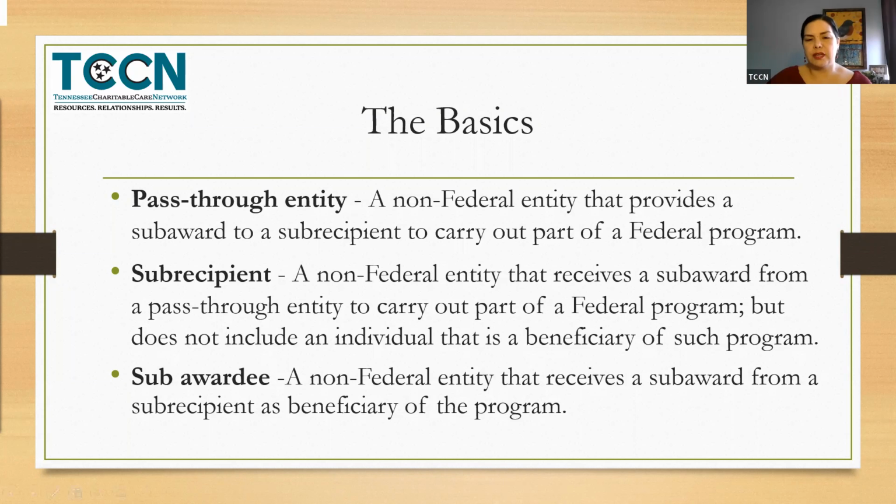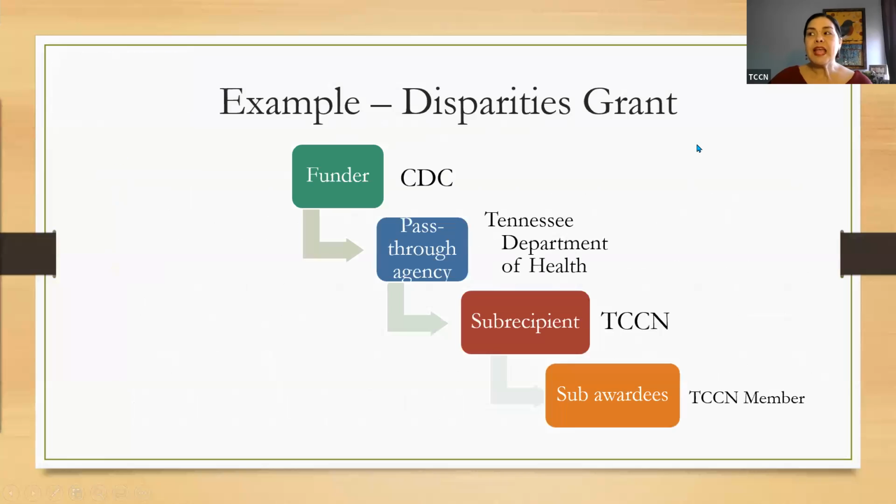So let me show you a quick example. I use the disparities grant as an example. This is the disparities grant that we hopefully will get the contract soon, and that many of you provided a letter of interest already. In this case, the funder is really the CDC through one of their many departments, okay? Because they're huge.